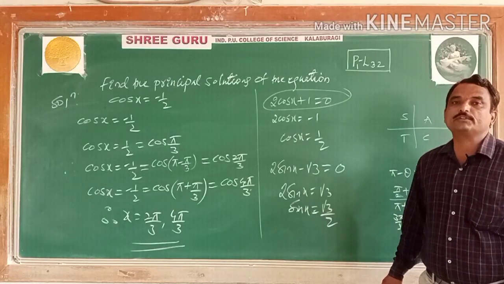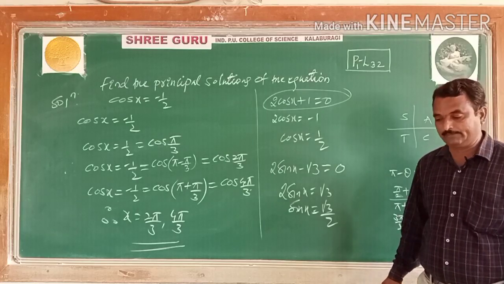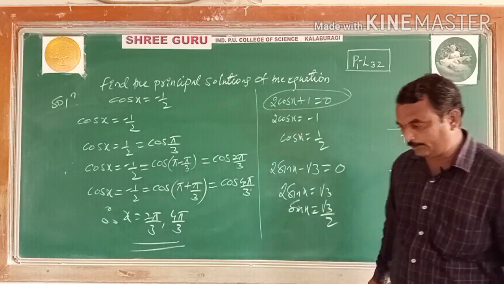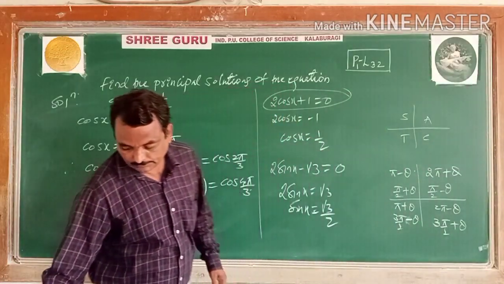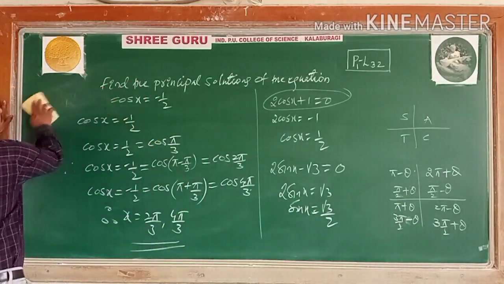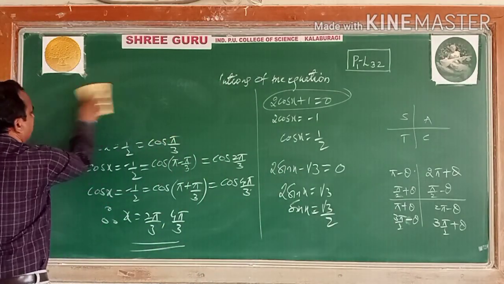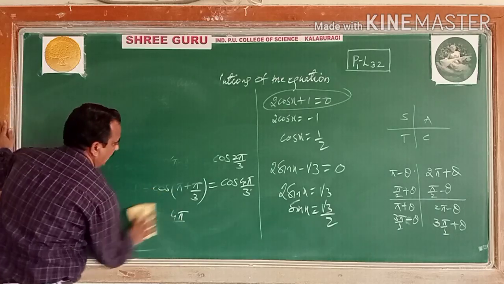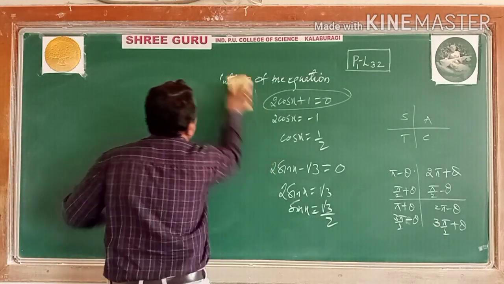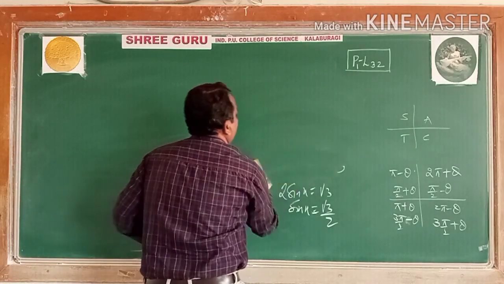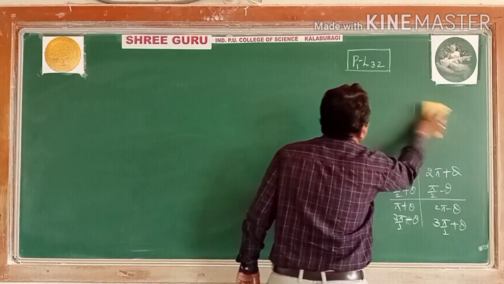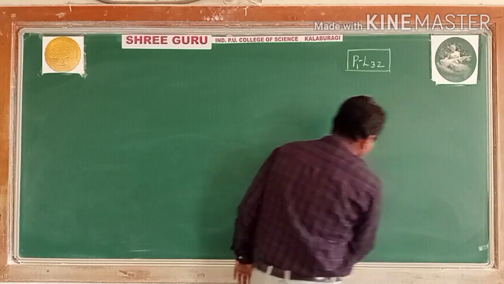With this, trigonometry completes. Let me recall what we have studied in the trigonometry portion, and then I will go for the question paper pattern and the marks distribution of this chapter trigonometry. This is the last class, students.